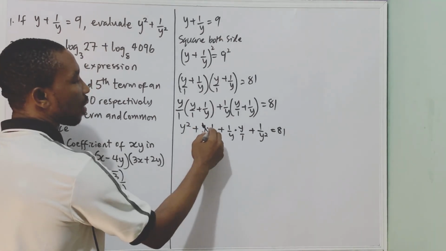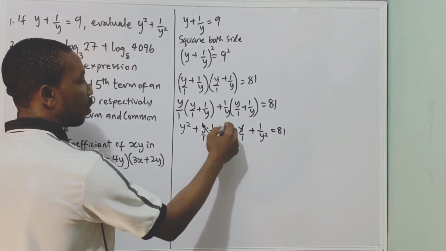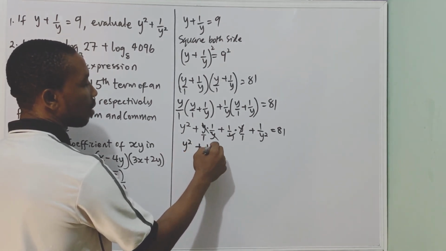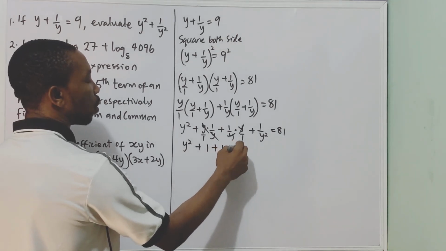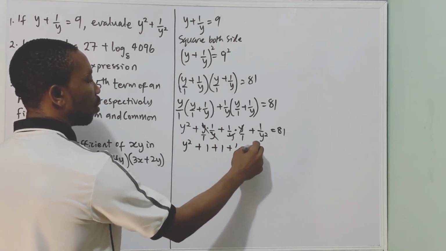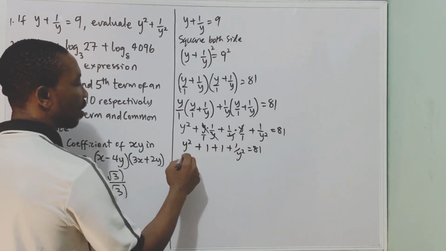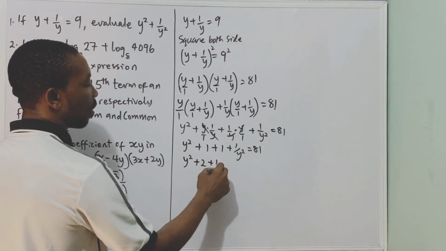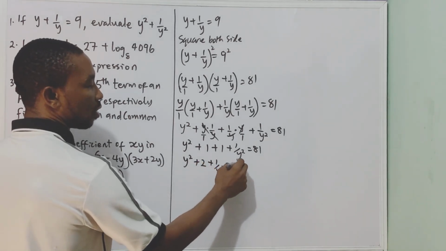So y will cancel y, giving us 1. So this becomes y squared plus 1 plus 1 plus 1 over y squared equals 81. So this gives us y squared plus 2 plus 1 over y squared equals 81.